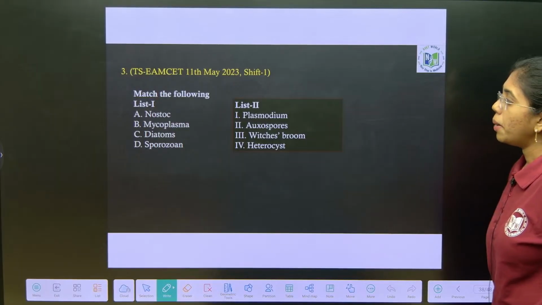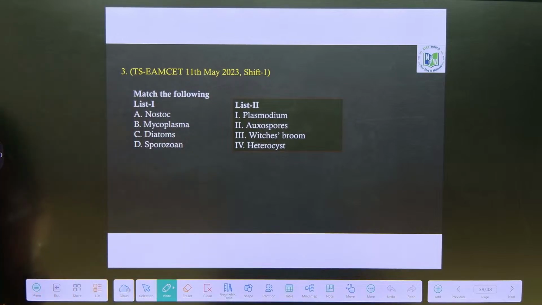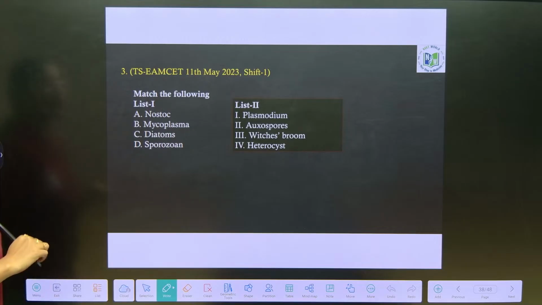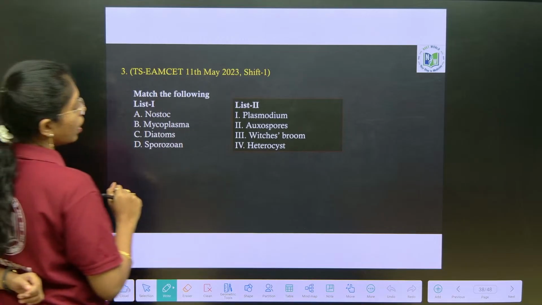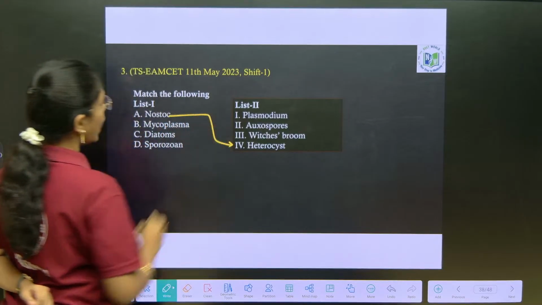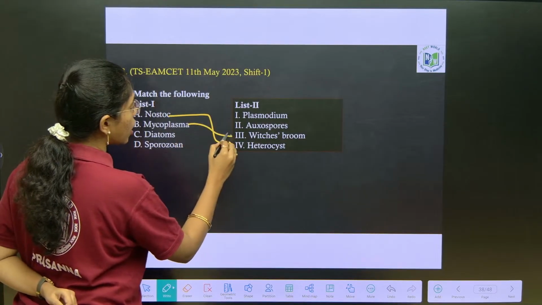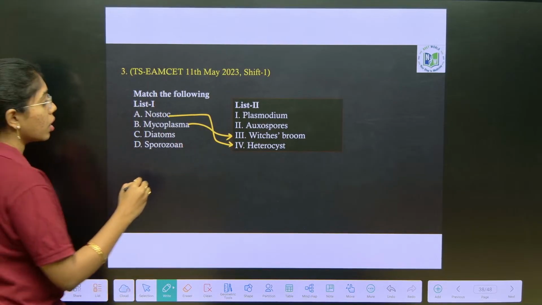Next question. Match the following type of question. Look into that and answer clearly. Nostoc has specialized cells called heterocysts. Mycoplasma causes witches' broom, which is pathogenic.